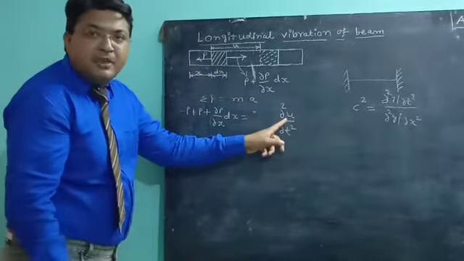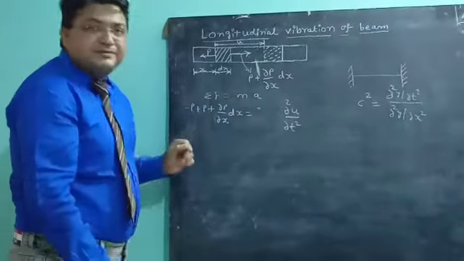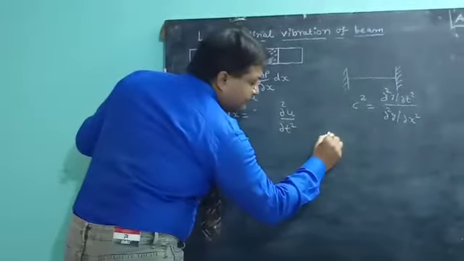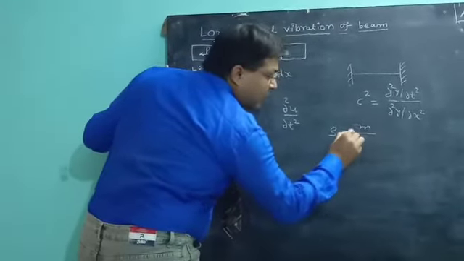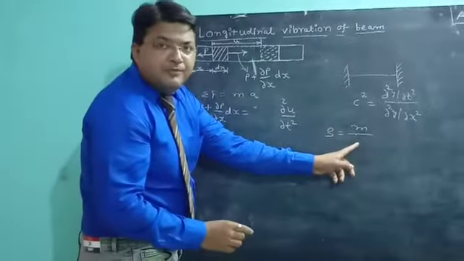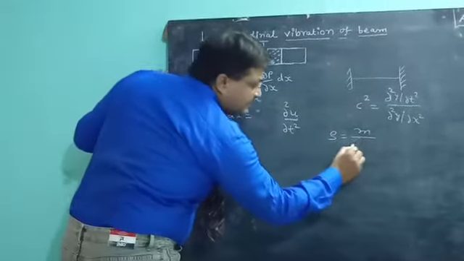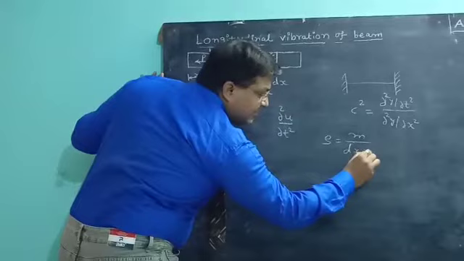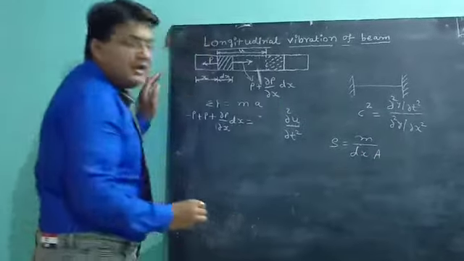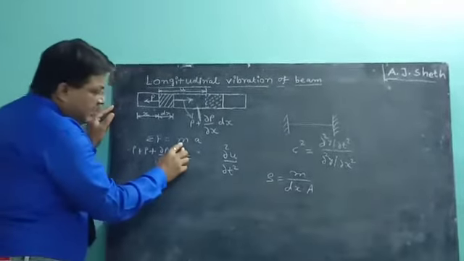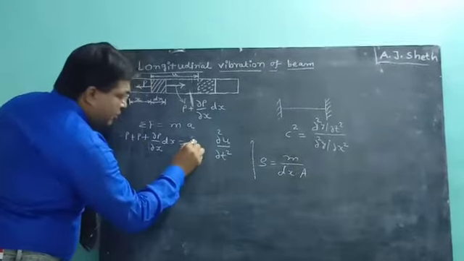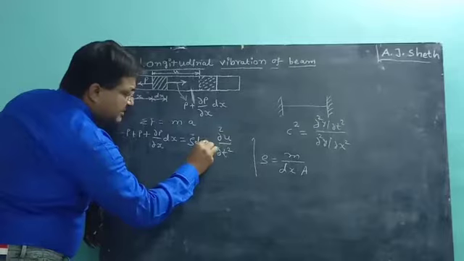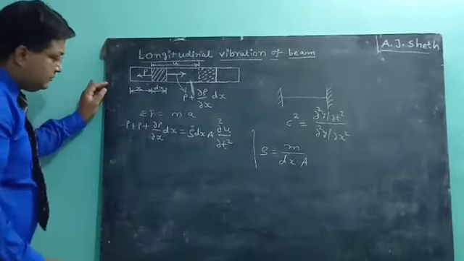Acceleration part is here. Density rho is mass upon volume in meter cube, so mass is rho into dx into area. Now replace mass by rho dx area.